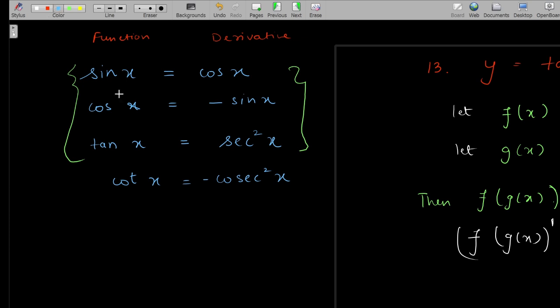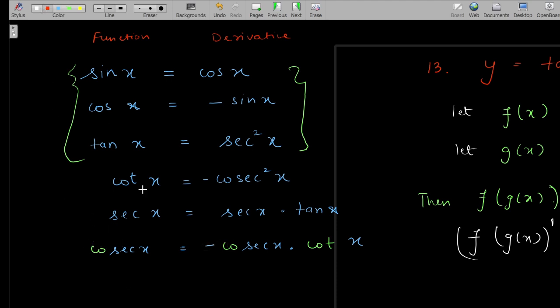Then you should remember for secant. Just remember the derivative of secant is secant of x times tangent of x. And then you put a co, so it becomes cosecant, and you put a co here as well, so it becomes cosecant times cotangent but with a negative sign.